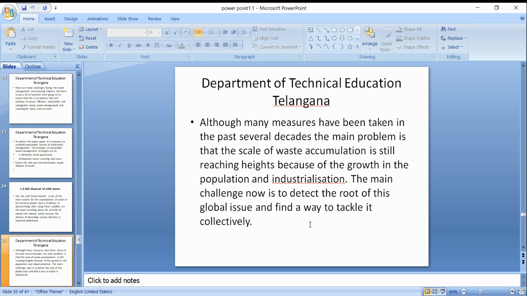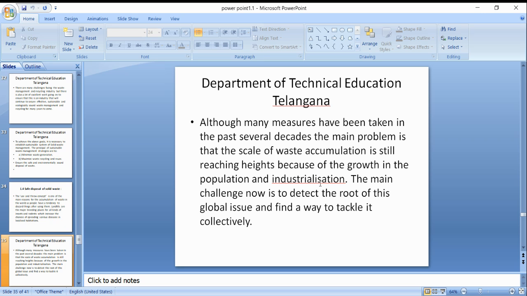Although many measures have been taken in the past several decades, the main problem is the scale of waste accumulation. It reaches great heights because of the growth in population and industrialization. For several decades we have been trying to reduce the waste, but it keeps increasing more and more. Waste is increasing because the population is increasing, and at the same time industrialization is also increasing.